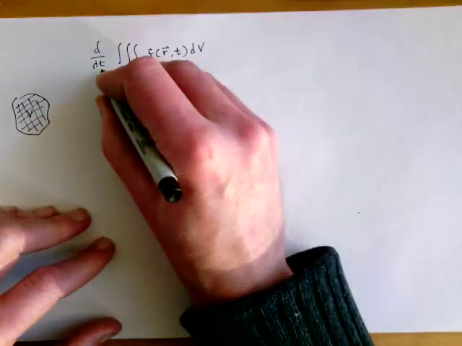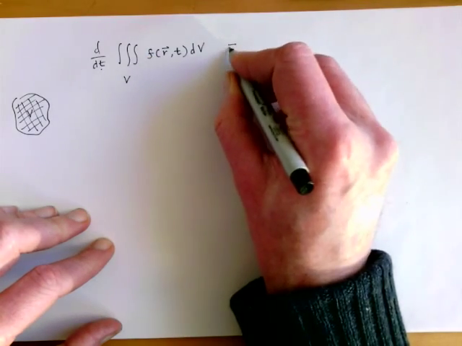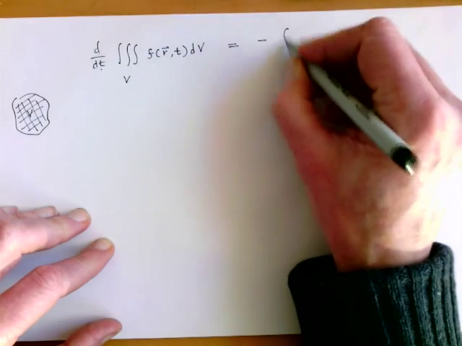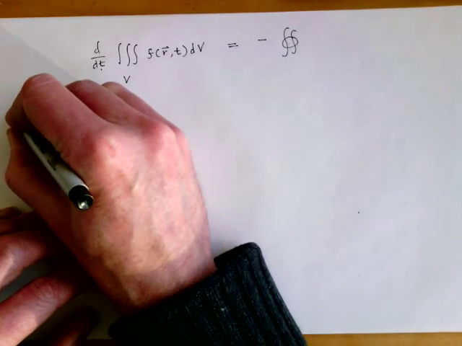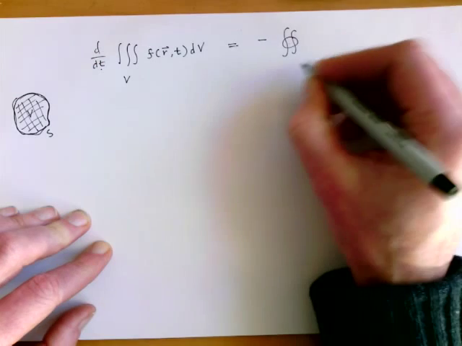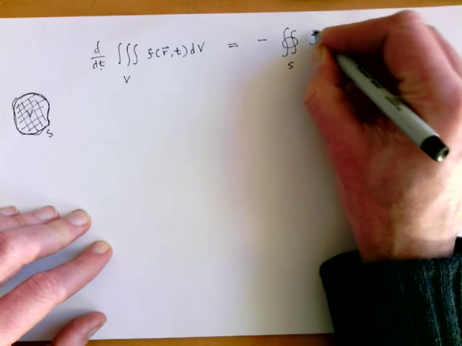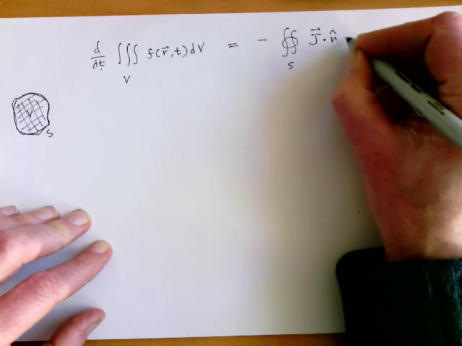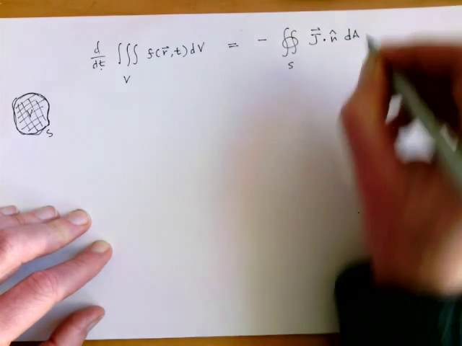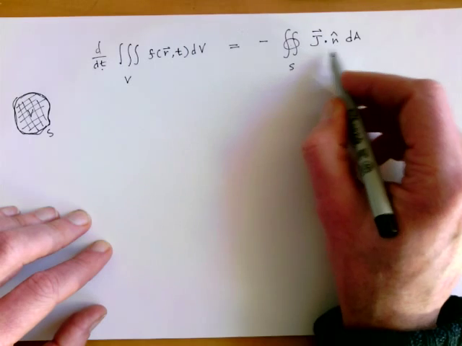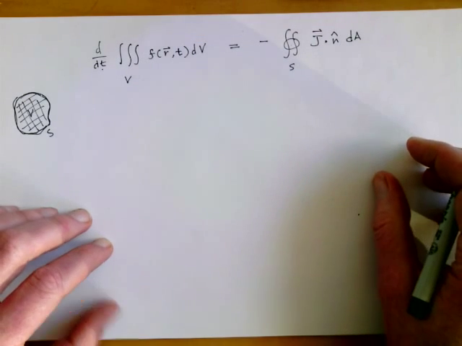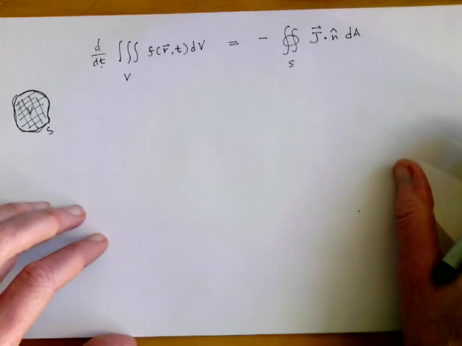And we're saying that the rate of change of that amount of stuff inside should be the negative of the integral over the enclosing surface. So this volume is enclosed by some surface S, of the flux density that's coming out of that surface. So we've got this surface integral, and we are taking the dot product and calculating that flux. Okay, so that's our starting point.